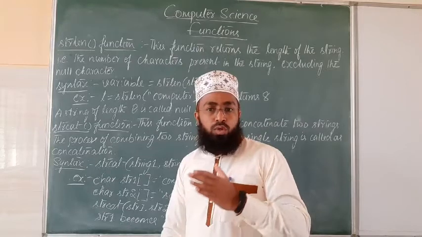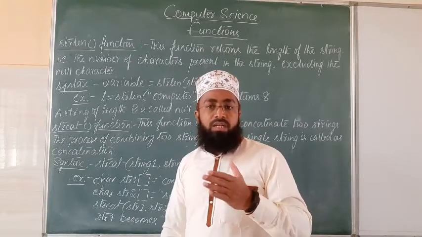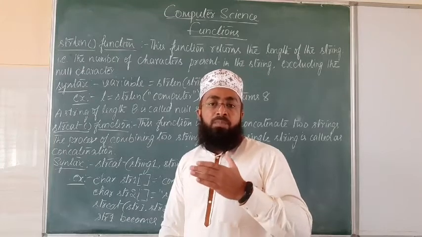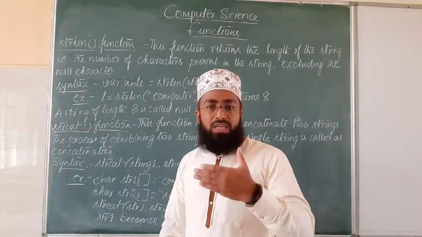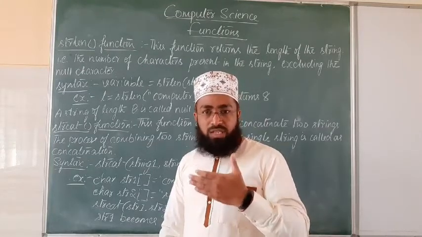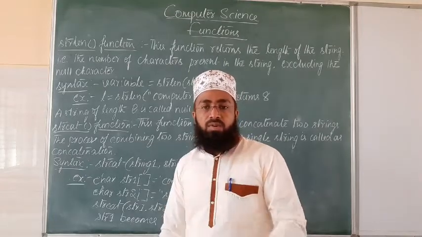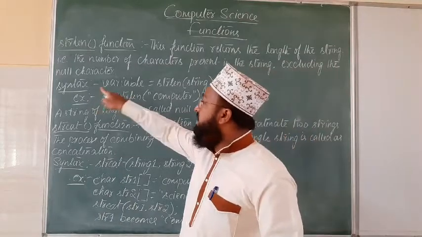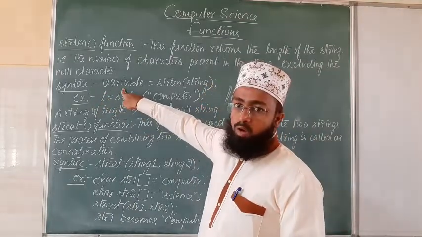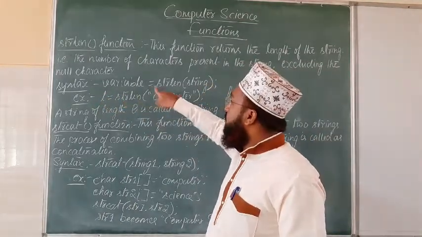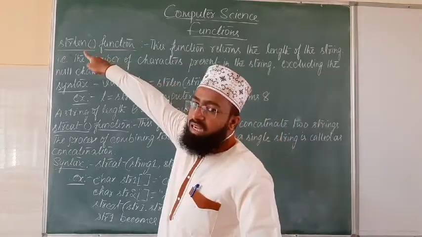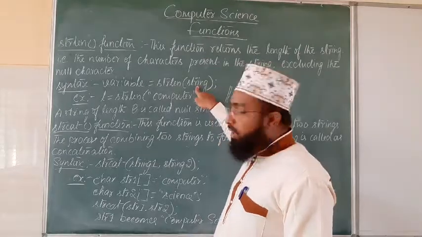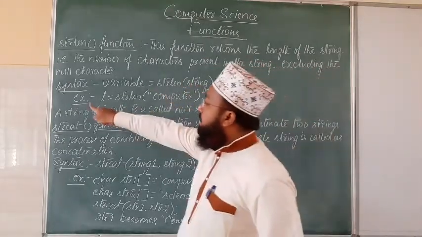By excluding the null character, the remaining characters will be counted, and the complete count will be given by the strlen function. Here the syntax is: a variable equal to the function strlen, then under the brackets, the string. Now take the example.